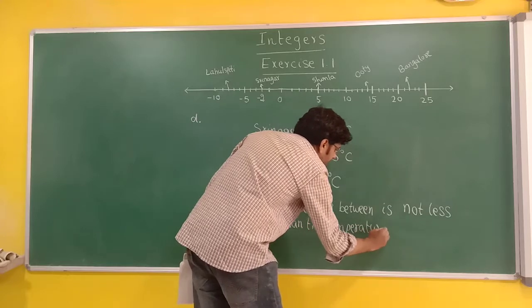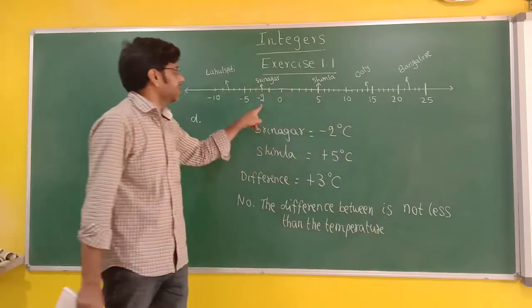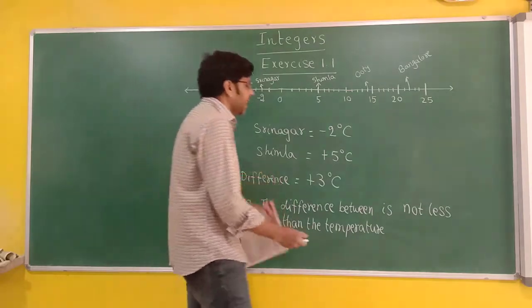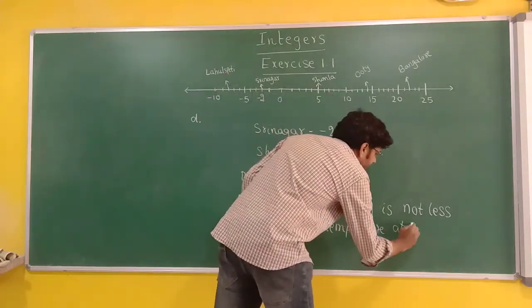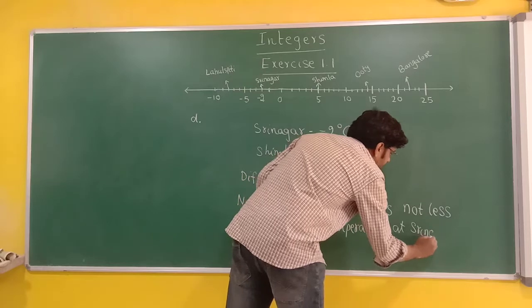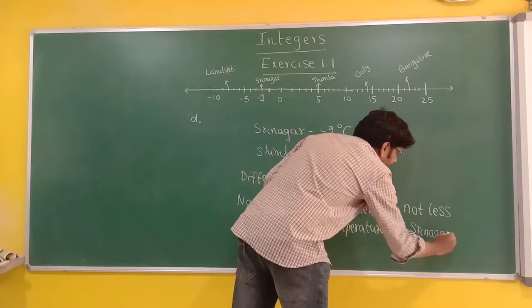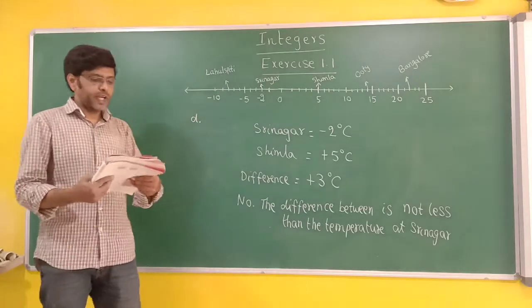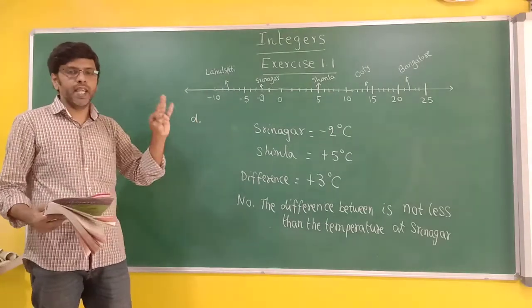It is not less, plus 3 is not less than minus 2. It is not less than the temperature at Srinagar. It is not less than the temperature recorded at Srinagar. So we have completed first Roman A, B, C, D.